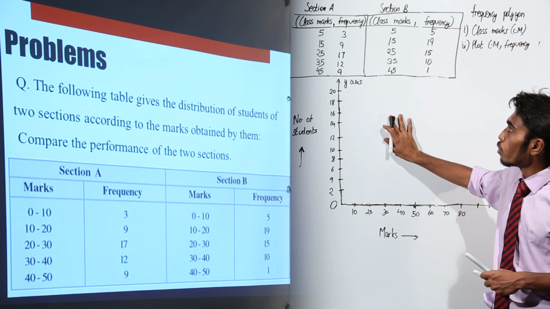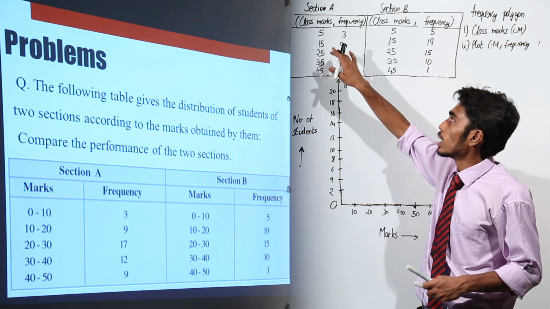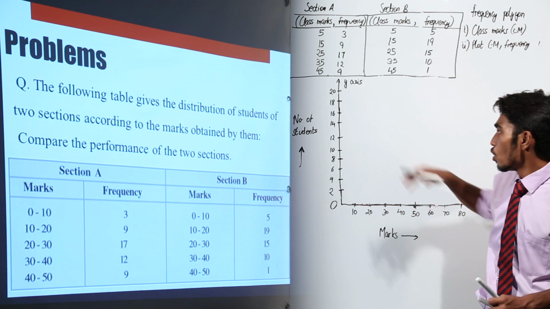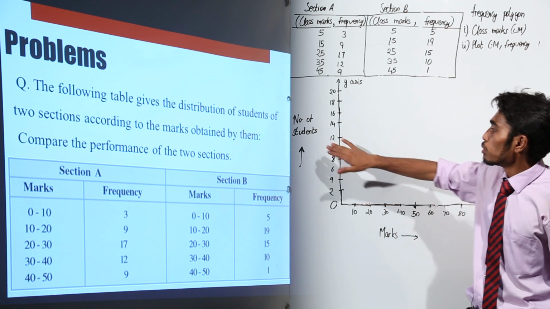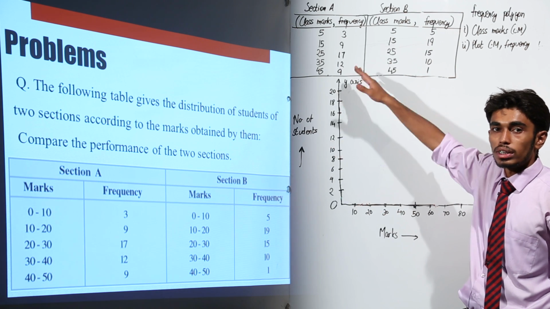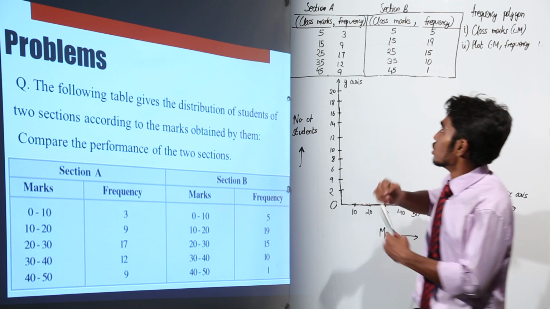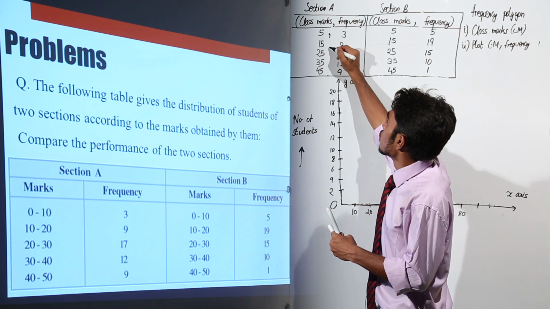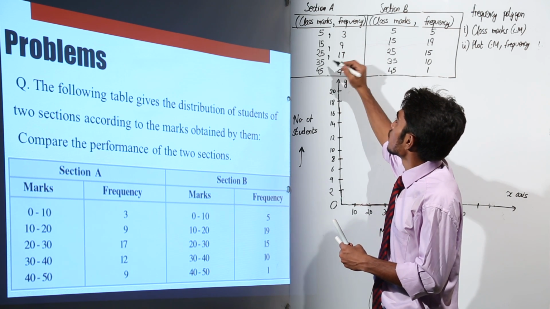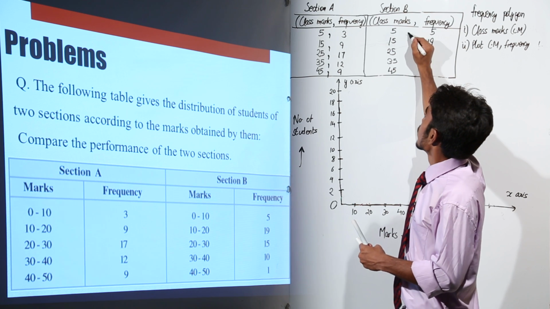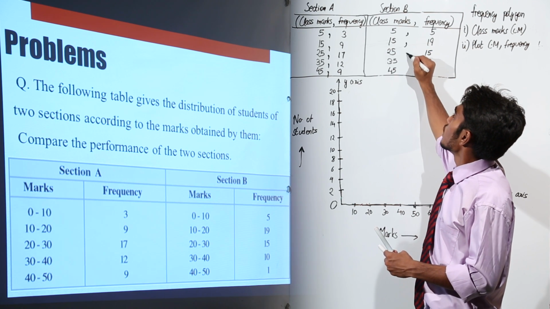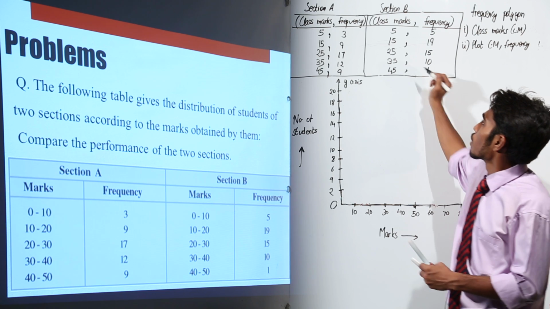So we need to plot these points, that is class marks comma frequency, on this graph. The number of students, or the frequency, is represented on the y axis and the marks are represented on the x axis. So this becomes 5 comma 3, 15 comma 9, 25 comma 17. We need to represent these points on the graph.